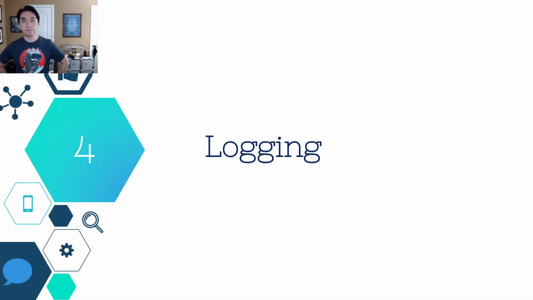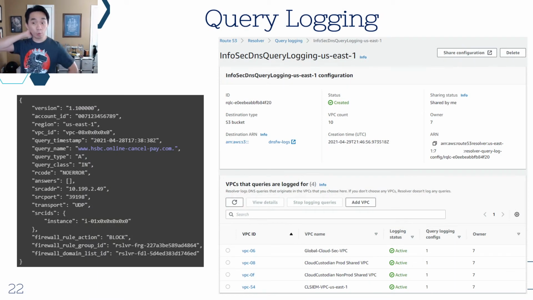Okay, last but not least, logging. Unlike WAF, where you can configure centralized logging within the Firewall Manager policy, here with DNS query logging, you have to manually create a logging configuration in every single region by going to Route 53 Resolver query logging.